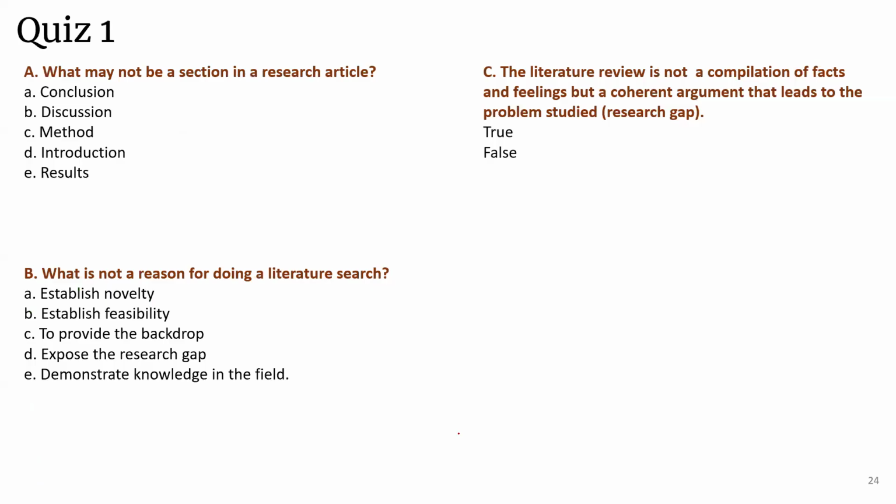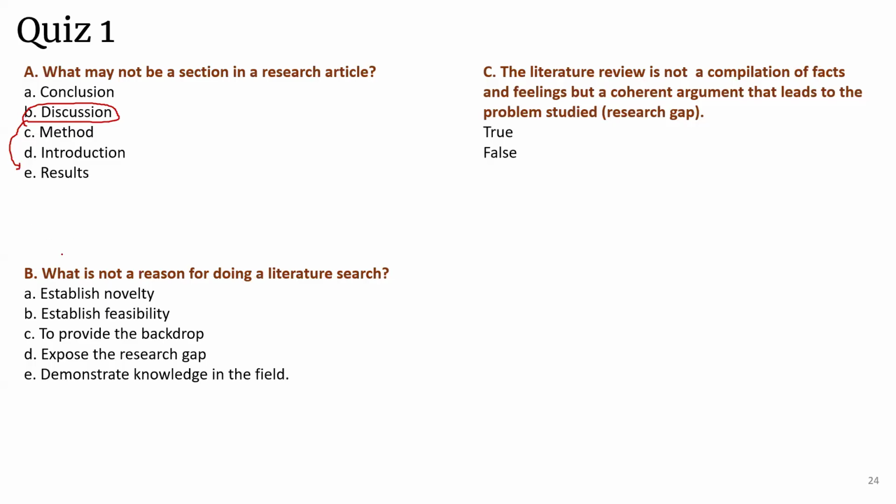Okay, a brief quiz again. What may not be a section in a research article? Conclusion, discussion, method, introduction. Those are the answers. Discussion may not be a part because it may be a part of the results.